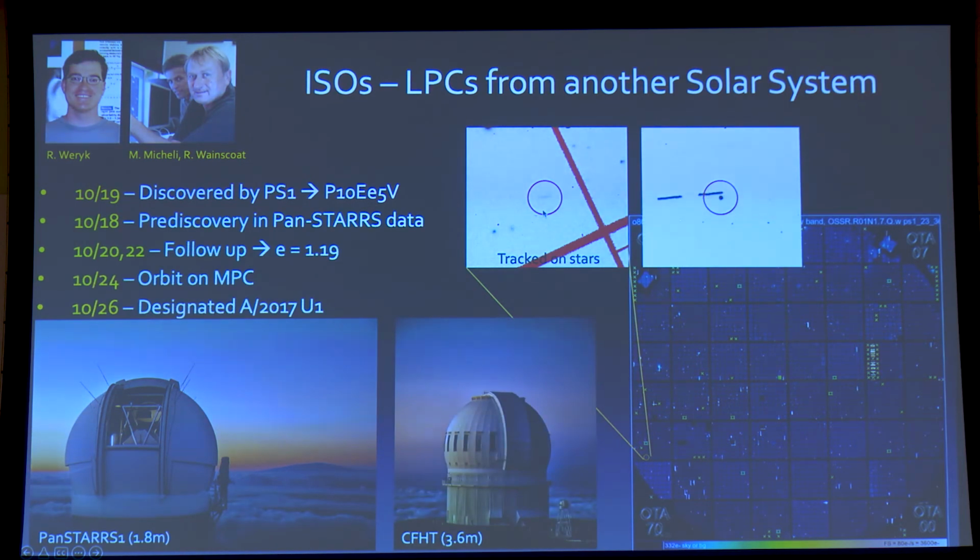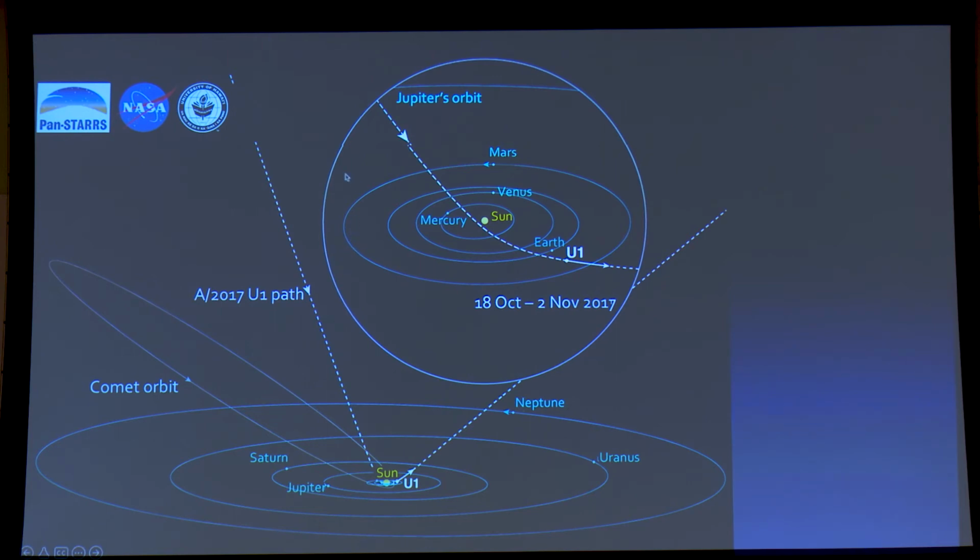The follow-up images using several other facilities showed that by the 22nd, it clearly had a hyperbolic orbit with an eccentricity much greater than 1. And just to remind you, this one came in from above the plane of the solar system. This blows up the inner portion here, and it wasn't discovered until after it had passed Earth.